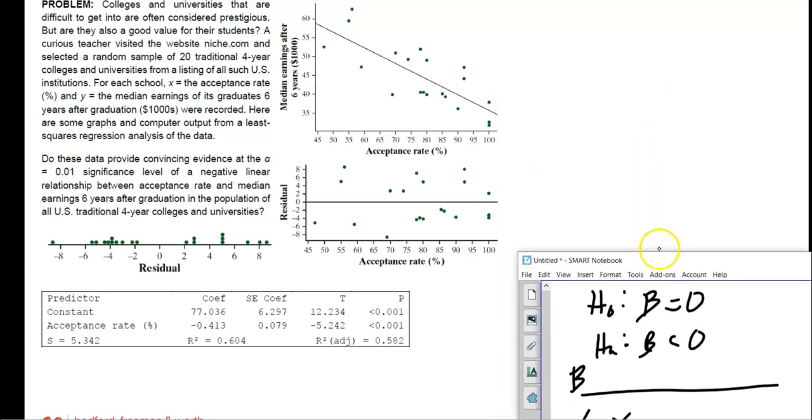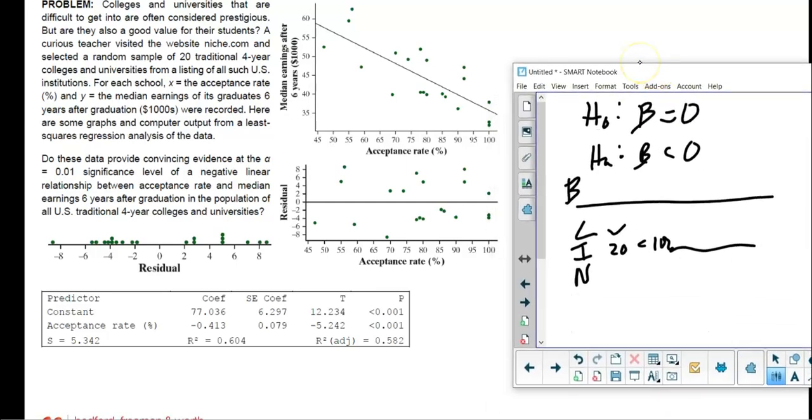If you look at the residual dot plot there, the dot plot has no outliers and no major skew. Ooh, it's not great, but we'll take it. And then equal standard deviation: if you look at the residual plot for each x value, it seems somewhat scattered. There's no pattern there. So that's good, equal standard deviation. And then R is random sample. It said it was a random sample of 20 traditional four-year colleges.